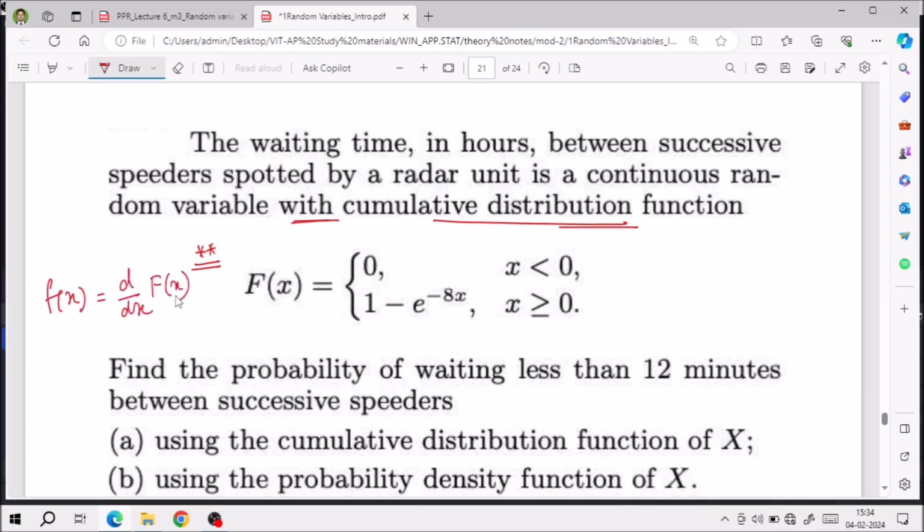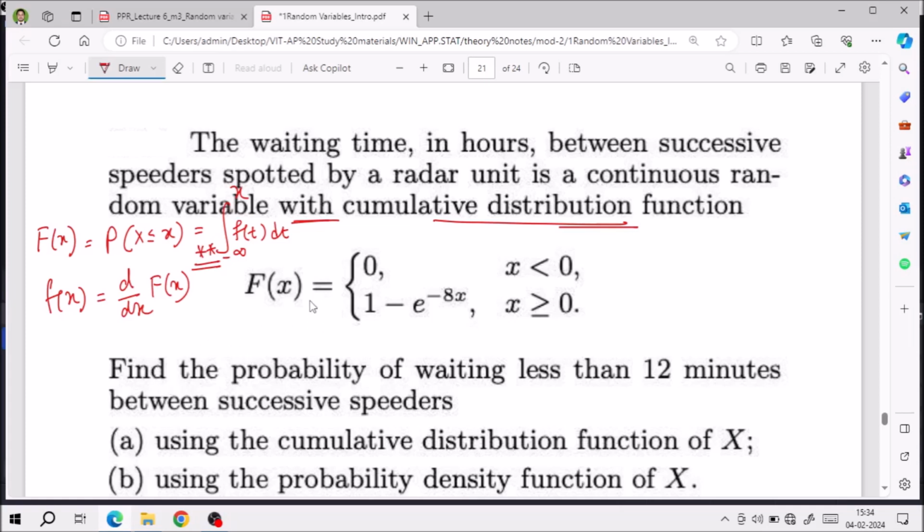Also, F(x) equals the probability of X less than or equal to x, which is the integral from minus infinity to x of f(t) dt. Keep these two points in mind.